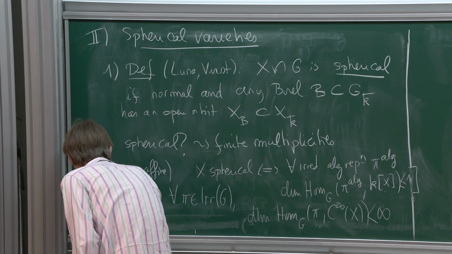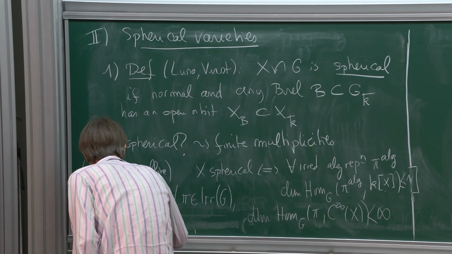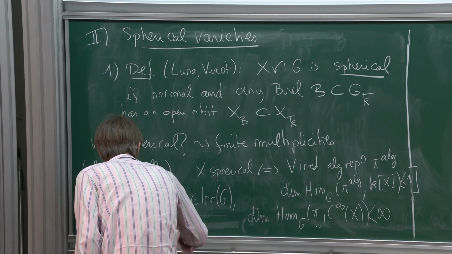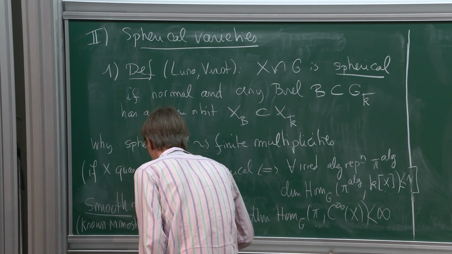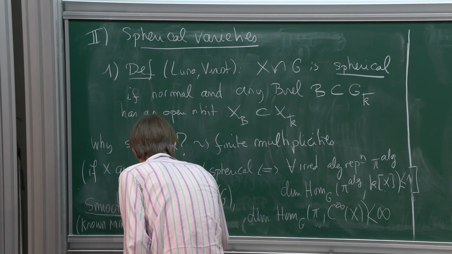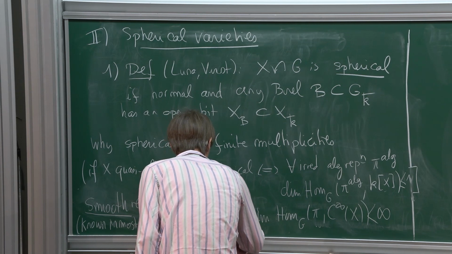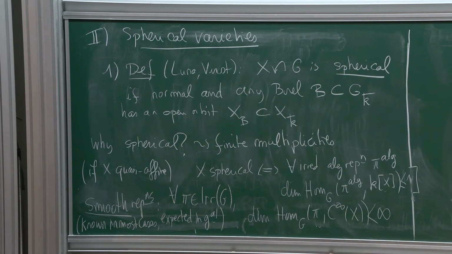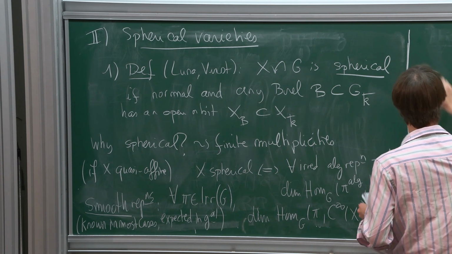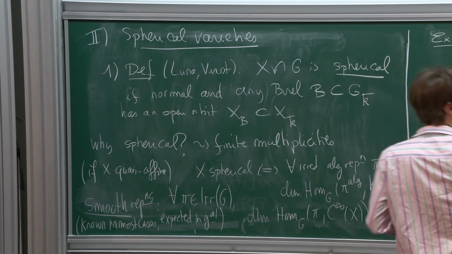This is something I will discuss also tomorrow. So it is known in most cases, including the Archimedean case in full generality, and expected in general. So there are still some pending questions there. Okay, just a motivation for an introduction of spherical varieties, and now let me give you some examples.